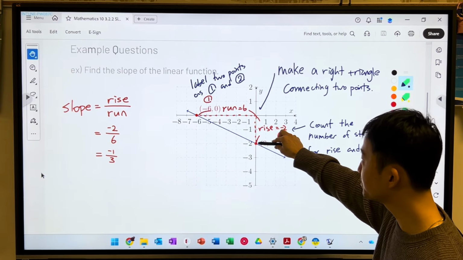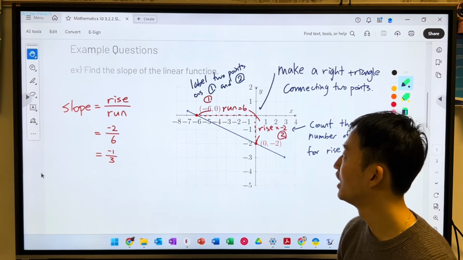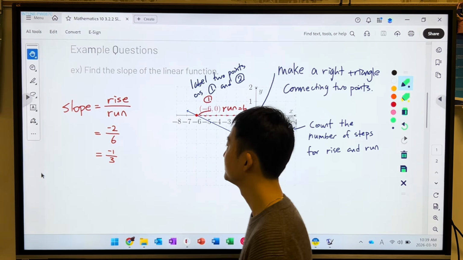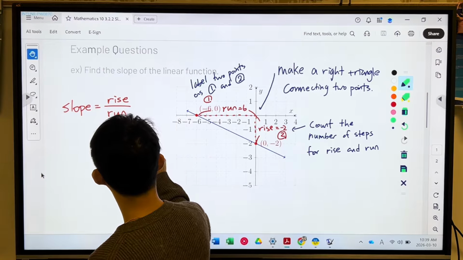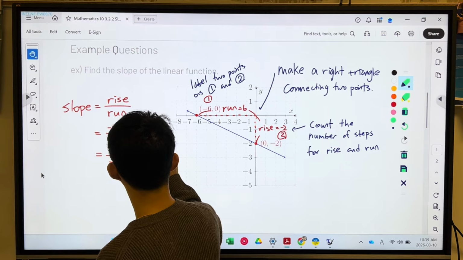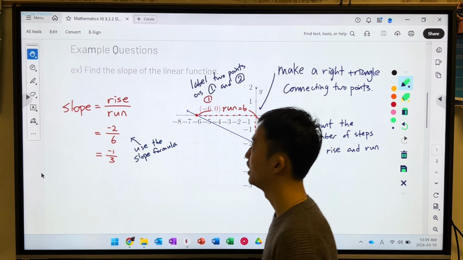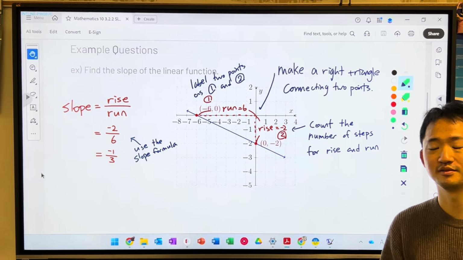Going 2 steps down, 6 steps run. And we use the slope formula. And voila, we found the slope of this line.